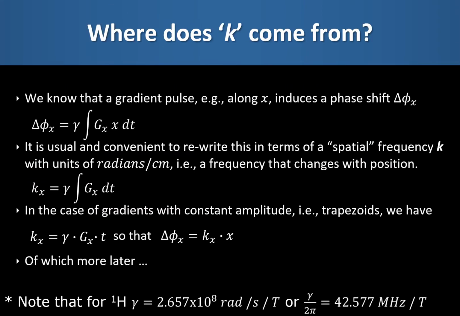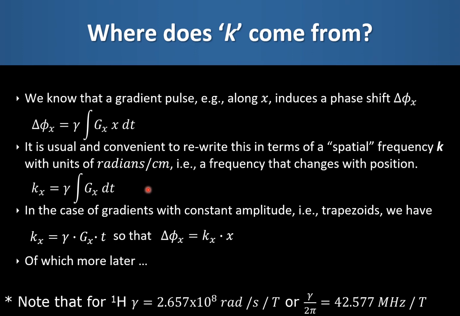So where does K come from when we start talking about K-space? We know from our previous discussions that a gradient pulse, for example along the x-axis, will induce a phase shift delta phi that is equal to the time integral of this gradient pulse multiplied by its position. We can rewrite this equation in terms of a spatial frequency K in units of radians per centimetre, assuming gamma is also in units of radians per second per Tesla.